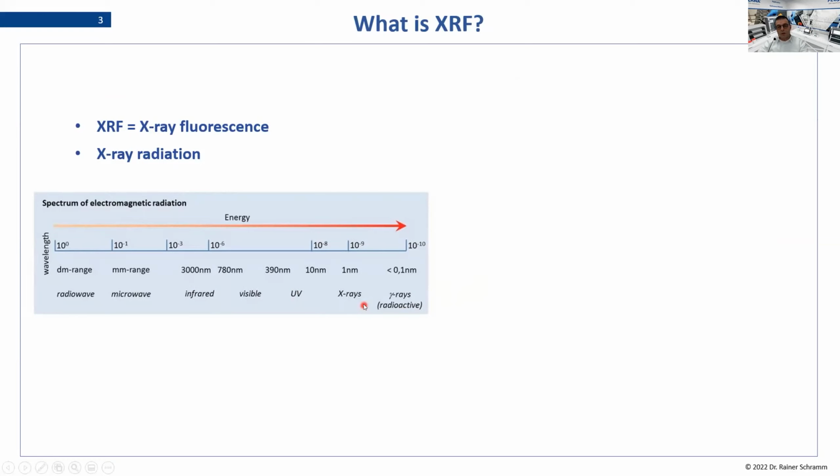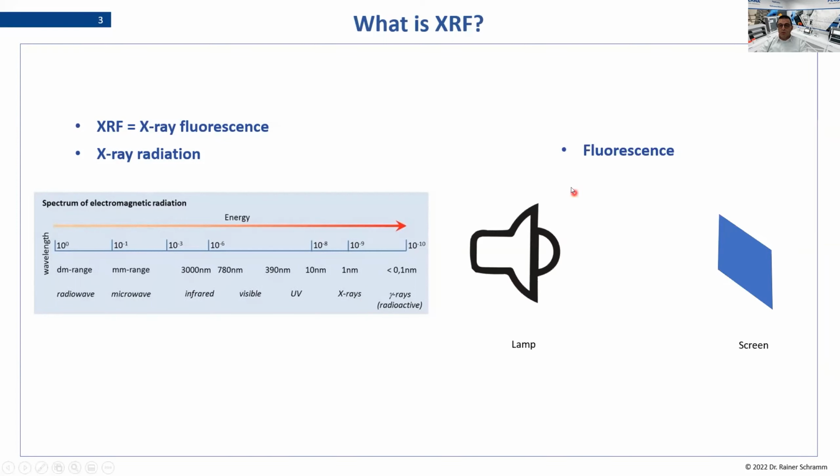So it is radiation with quite a high energy, and it's also called ionizing radiation. That means it takes an electron away from an atom. So in a certain way, it destroys the atom. And this is what you have to be aware of when you do X-ray fluorescence, that under some circumstances, you can also destroy your sample.